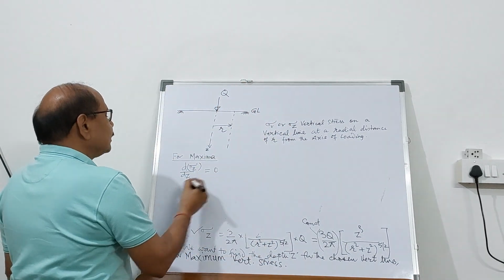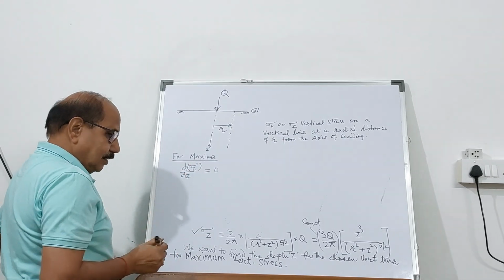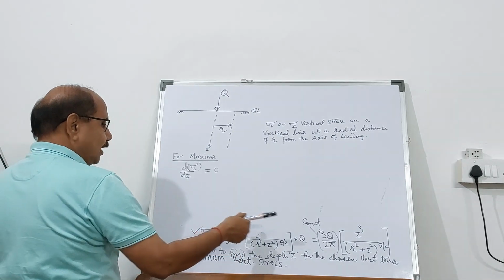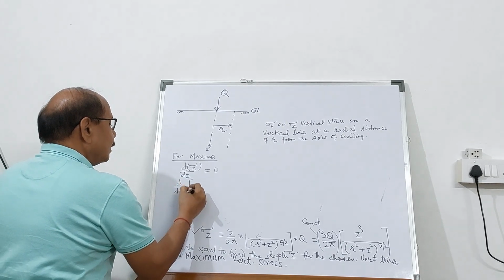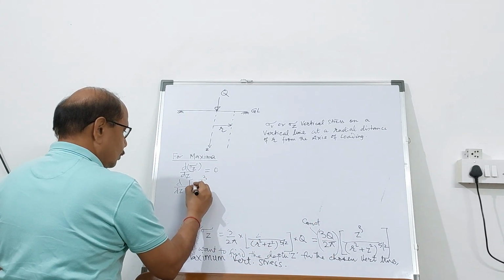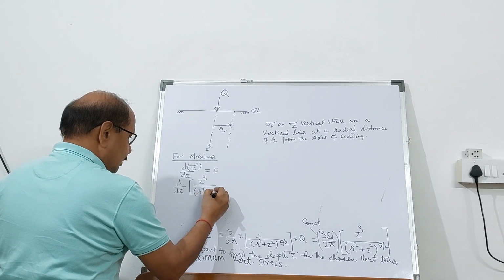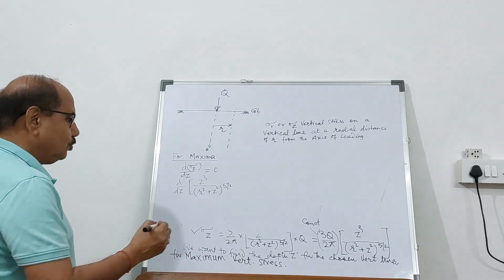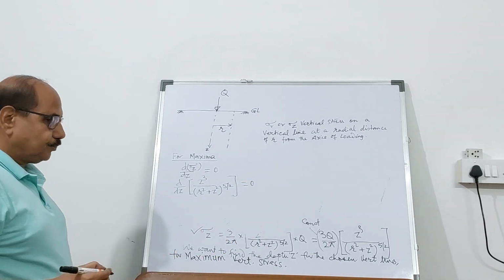So here if you want to take d by dz, differentiate it, then you should differentiate d by dz of this term z cube divided by r square plus z square to the power 5 by 2, which must be equal to 0.